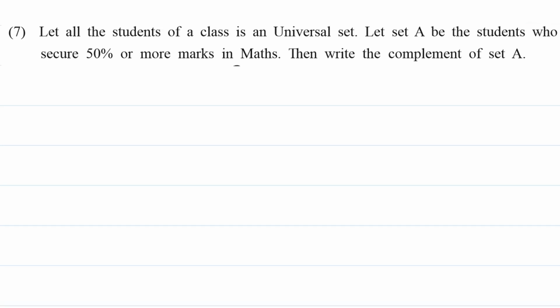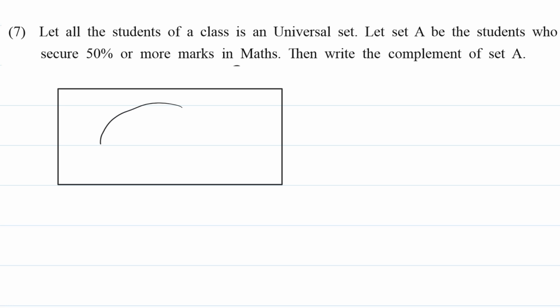Question number 7. Let all the students of a class be the universal set. Let set A be the set of students who secure 50% or more marks in maths. Then write the complement of set A. So here, the set of all students in the class is the universal set.